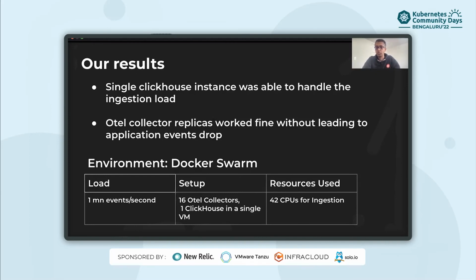A single ClickHouse instance in the VM. What we found was that this setup was able to handle 1 million events per second, which is quite huge, and we were very surprised by it.